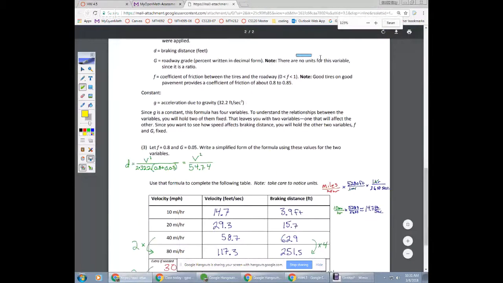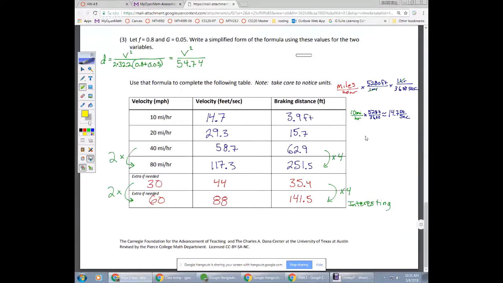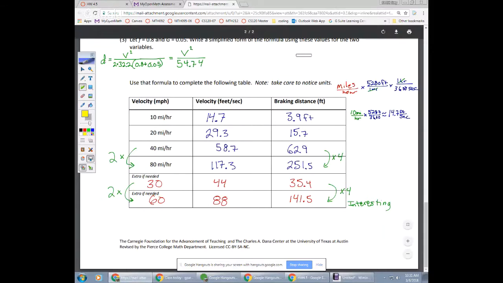So here is my work from page 2 the other day. And I'm using the revised formula up here where we threw in the constants for the road conditions that we were given initially. And I've got velocity in feet per second per braking distance right here. So this formula allows me to say, given a particular velocity, what's the braking distance?